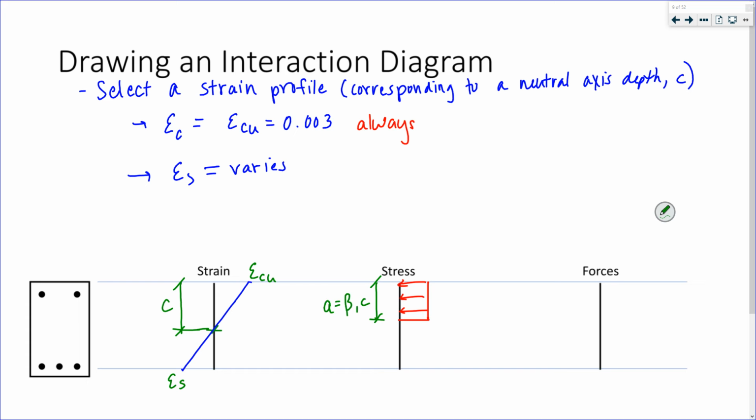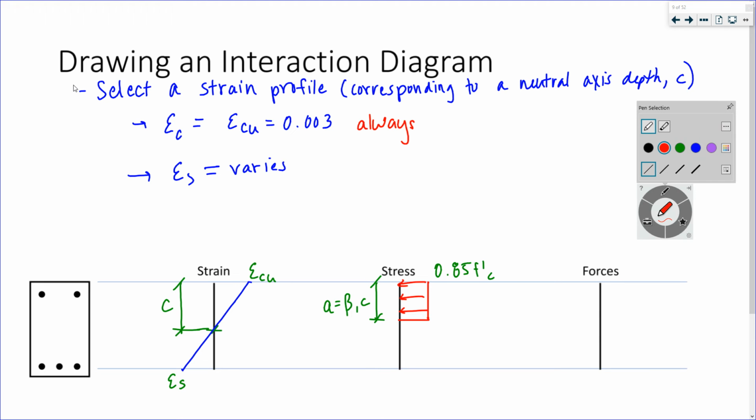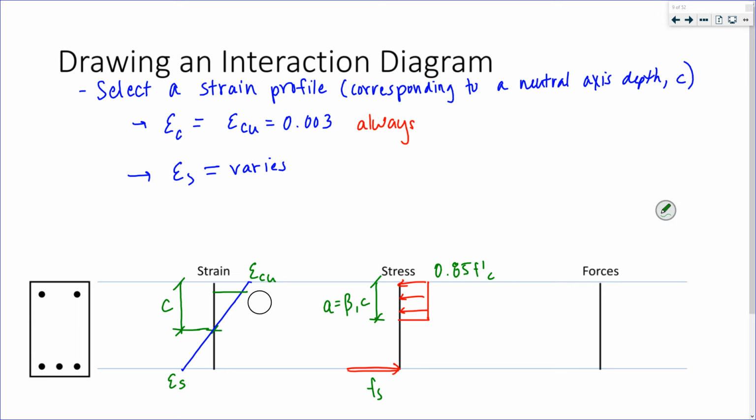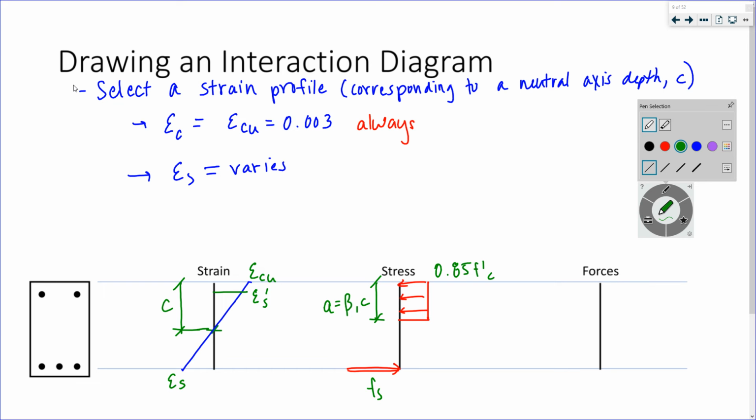A beta 1 C, magnitude 0.85 F prime C. There is going to be some stress in my tension steel, FS, and there's also, right, I have some compression steel in there, and it's going to have a strain value of ES prime. It's going to be some stress associated with it.